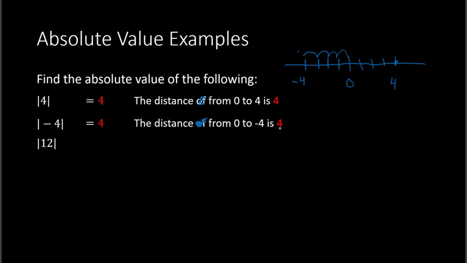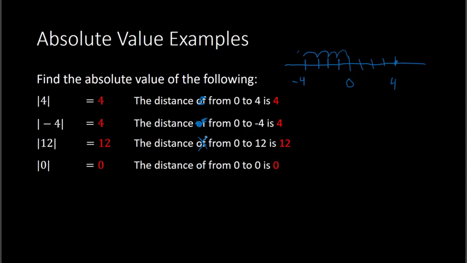Here's another one, the absolute value of 12. How far is 12 from 0? Well, that is simply 12, because the distance from 0 to 12 is going to be 12. And then absolute value of 0, how far is 0 from 0? Well, that is just 0, because the distance from 0 to 0 is going to be 0.